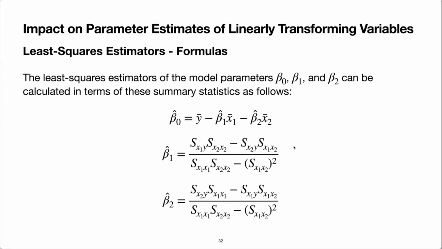You can see here how we calculate these. We use these sums of squares, sums of products in a variety of ways to calculate the numerator and denominator for each of these. That would give us beta 1 hat. This formula gives us beta 2 hat. And then, as we said just a second ago, we would plug those in along with the associated variable means to get beta 0 hat.